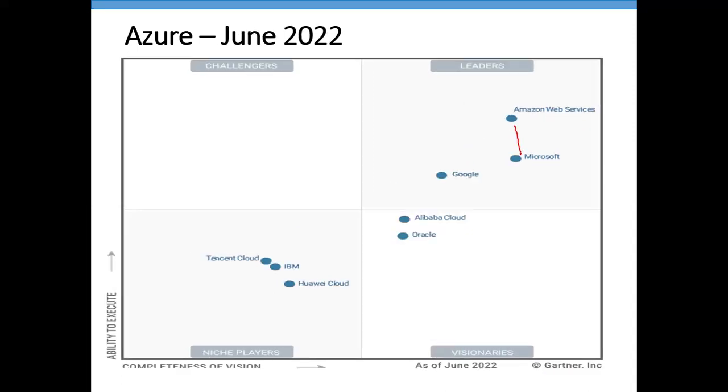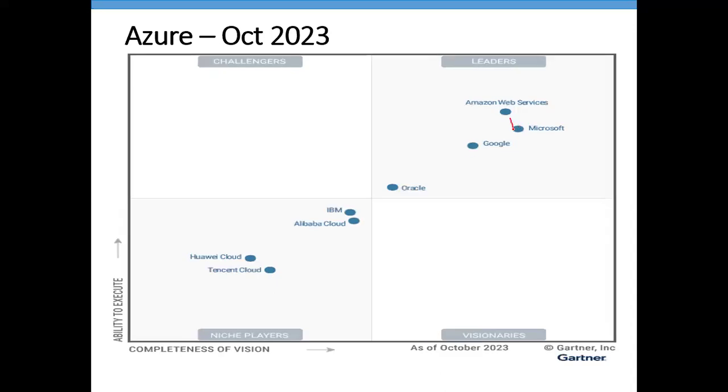How much gap did we have earlier? Now you can see how much gap we have right now. So definitely, in the upcoming days, Azure is going to be the number one cloud in the market.